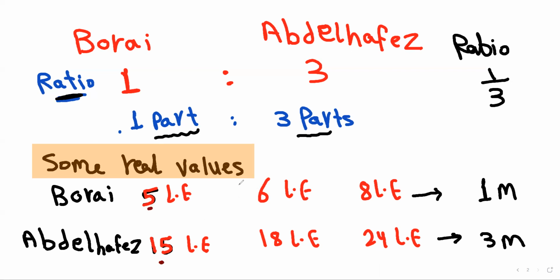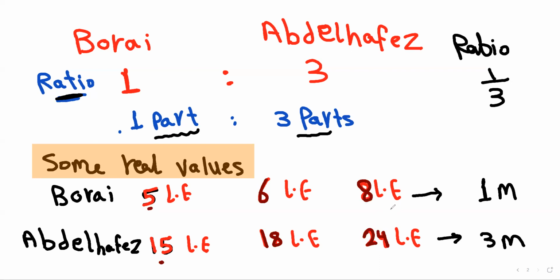Or if Borai has 6 pounds, Abdul Hafiz has 18 pounds, and if we simplify 6 to 18, it's 1 to 3. And if Borai has 8 pounds, Abdul Hafiz has 24 pounds, because the ratio between them is 1 to 3.